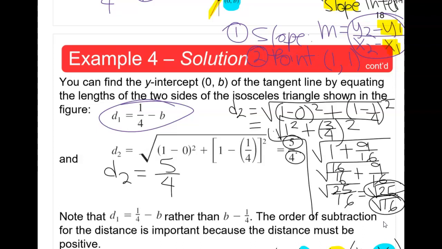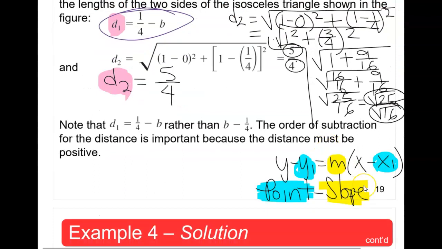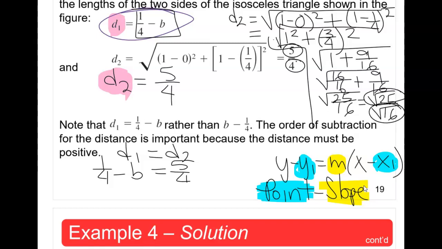Since we said from the beginning that d sub 1 and d sub 2 are equal, if we equate both equations, we replace d sub 1 with the expression 1/4 minus b, and we replace d sub 2 with the number 5/4.